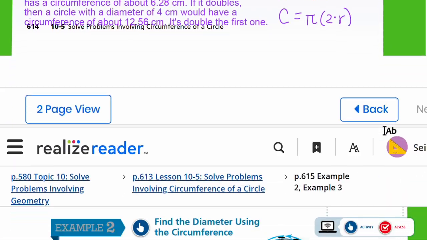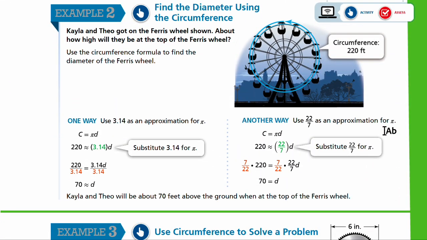Let's look at the next example, example 2. Find the diameter using the circumference. Kayla and Theo got on the Ferris wheel shown. About how high will they be at the top of the Ferris wheel? So use the circumference formula to find the diameter of the Ferris wheel. We know the circumference here. So in this case, we're trying to get the diameter because about how high will they be at the top of the Ferris wheel means from here to here, right?